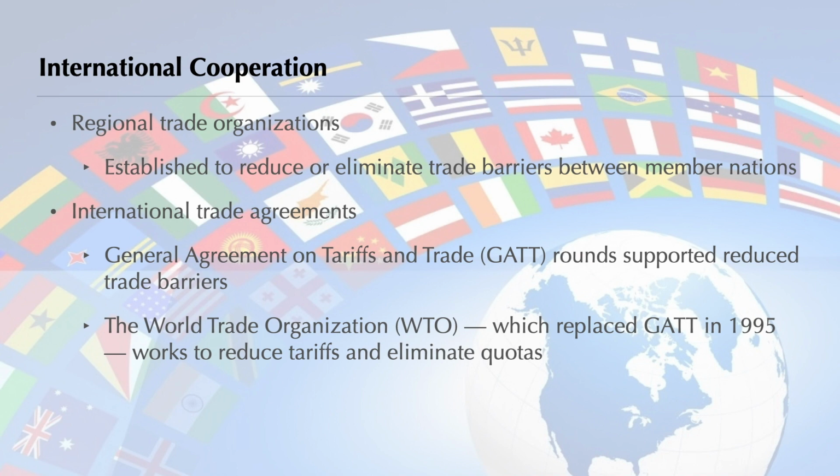The GATT talks in Geneva, Switzerland, and the Uruguay Round reaffirmed nations' support for free trade despite increasing pressures from protectionists. In 1995, GATT was superseded by the World Trade Organization, or WTO. Membership in the WTO now includes 164 nations that have pledged to work to reduce tariffs and eliminate quotas.